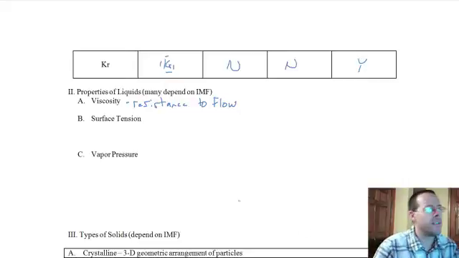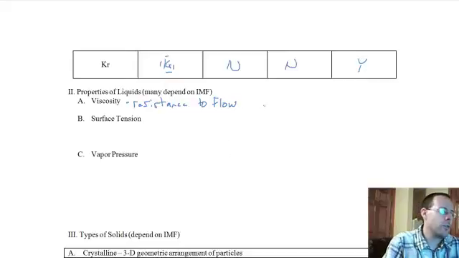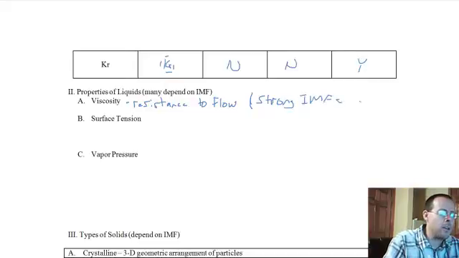Stuff that's viscous would be honey, what else? Molasses. Probably oil as compared to water would be viscous. And if we have strong IMFs, that equals high viscosity.